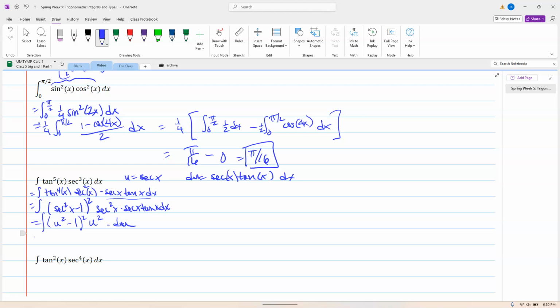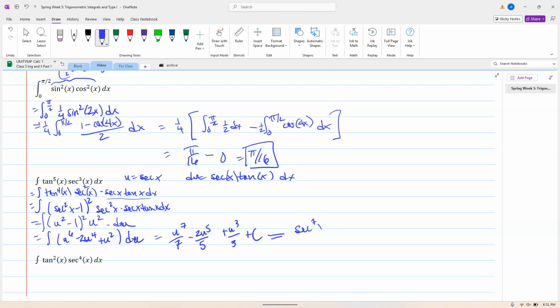Writing that out, expanding it and distributing and all that good stuff gives me integral u to the 6th minus 2u to the 4th plus u squared du. Integrating, u to the 7th over 7 minus 2u to the 5th over 5 plus u to the 3rd over 3 plus c, and then certainly resubstitute.